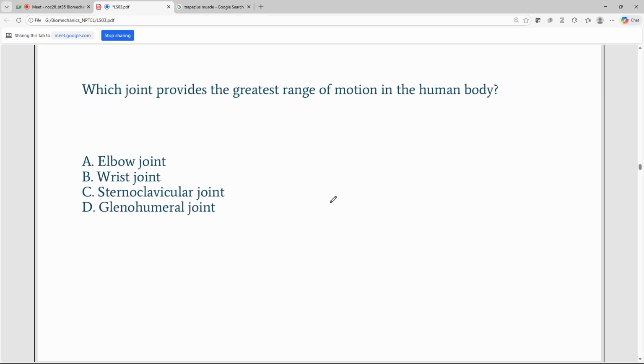Which joint provides greatest range of motion in human body? Options are: option A, elbow joint; option B, wrist joint; option C, sternoclavicular joint; option D, glenohumeral joint. So that's an easy question.